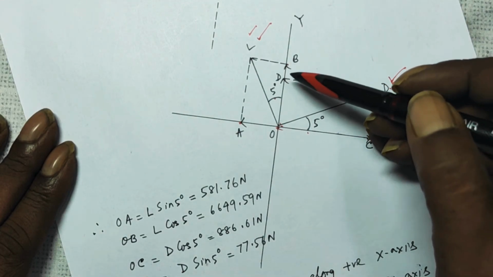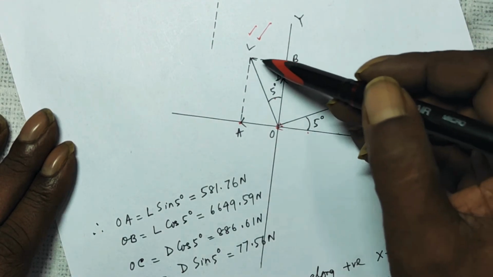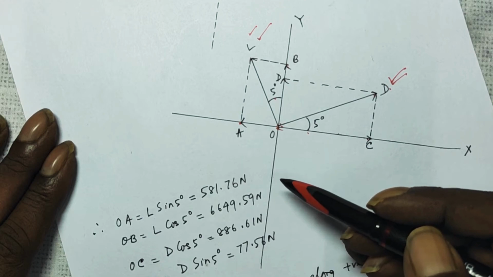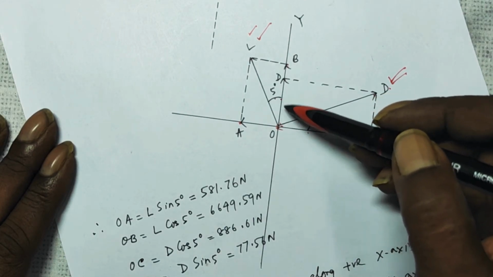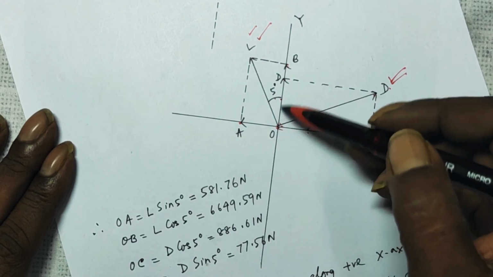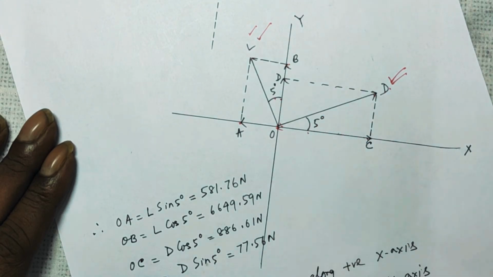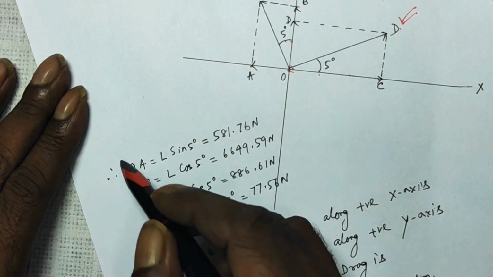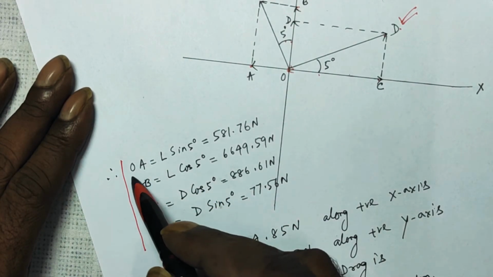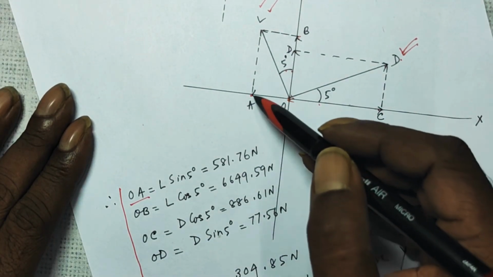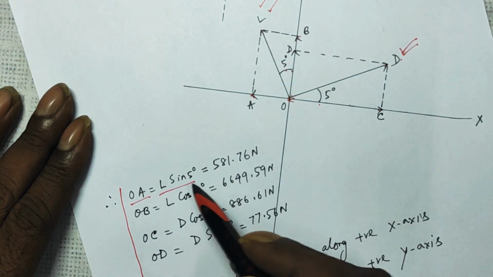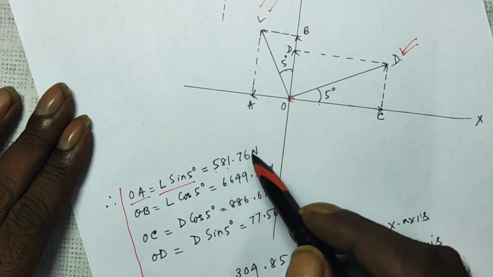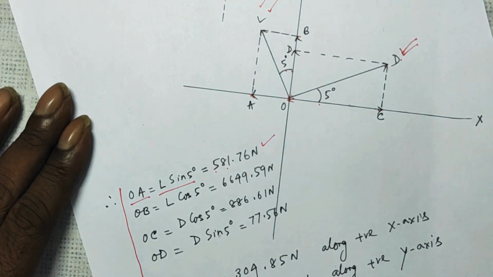Similarly, you take sine theta in triangle OBL and cross multiply, and cos theta in triangle OBL and cross multiply to have all these values. So your OA will be L times sine 5, that comes out to be 581.76 Newton.